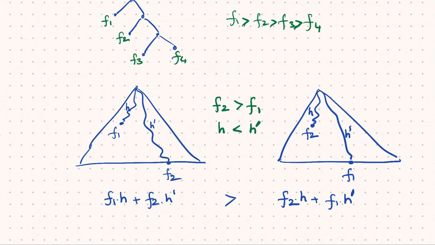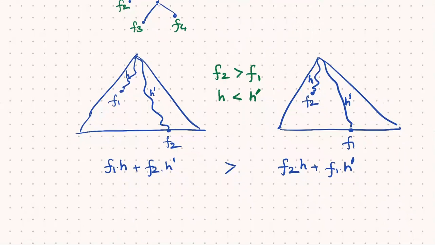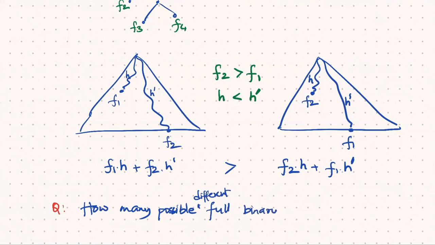Okay, so what are the possibilities? How many possible full binary trees are there? How many possible, I should say, different full binary trees that have n leaves?